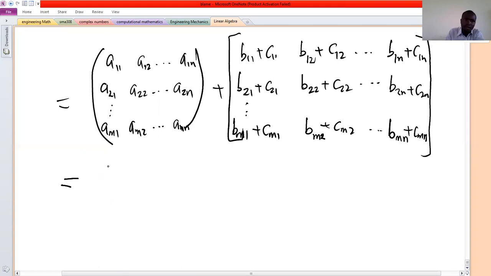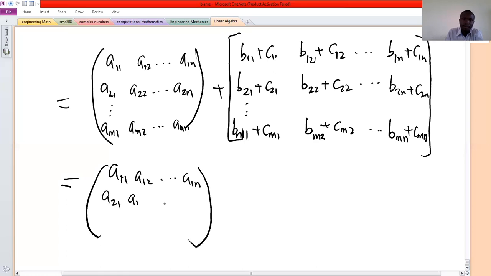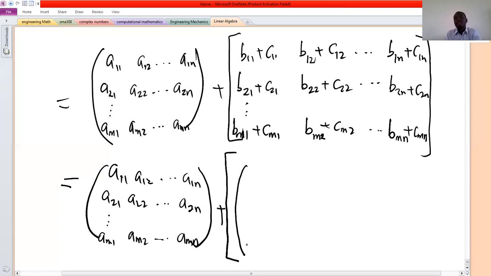This tells us that we have A11, A12 up to A1n, A21, A22 up to A2n, all the way up to AM1, AM2 up to AMN, added to. For us to have gotten this sum, we must have a matrix with Bijs added to a matrix with Cijs.